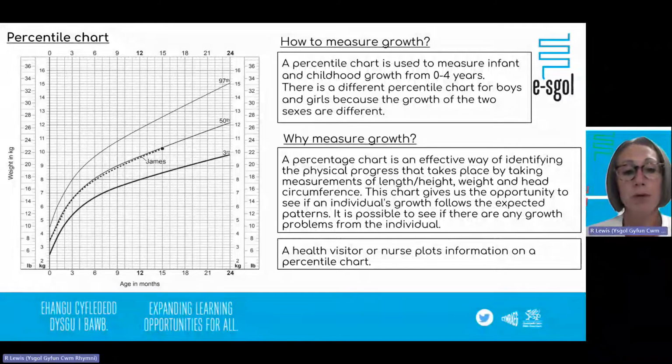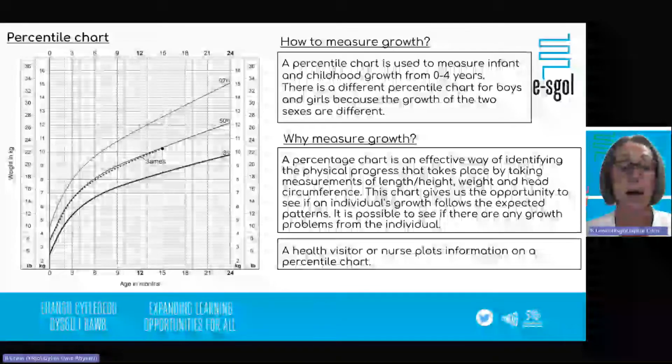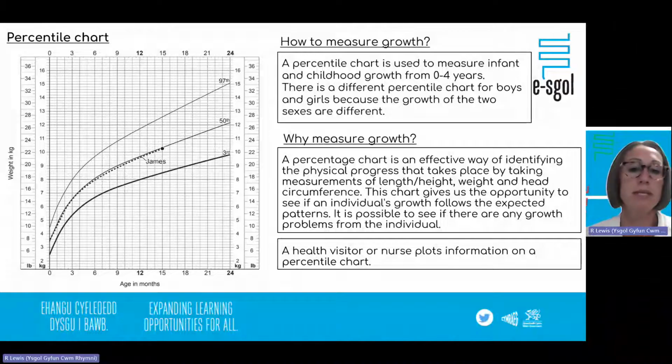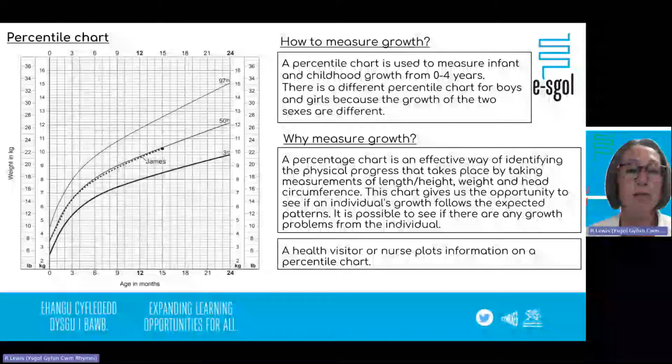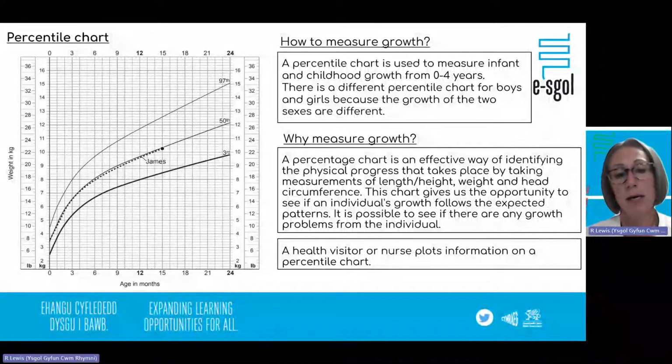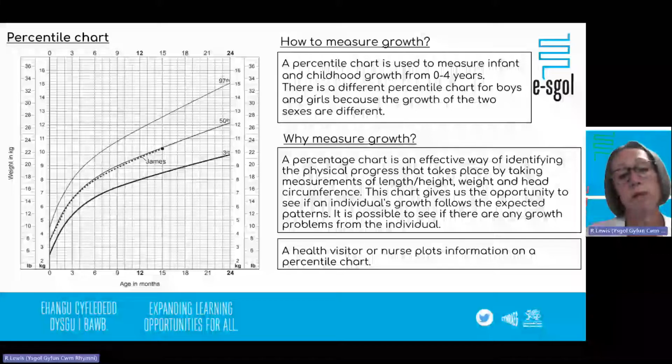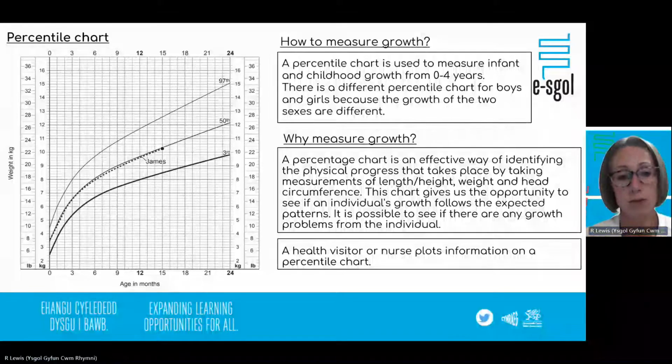Why do we measure growth? A measurement of growth gives us a good indication of how healthy our baby is. There are 3 measurements that we plot on a percentile chart, and this is the length or height. If we're measuring a newborn baby, they're unable to stand, therefore we lie them down and measure their length. If we're talking about a 12-month-old baby who can stand, then we can measure their height.